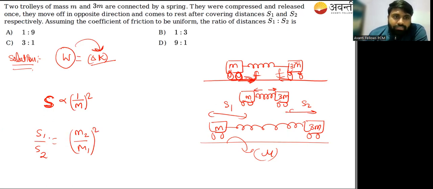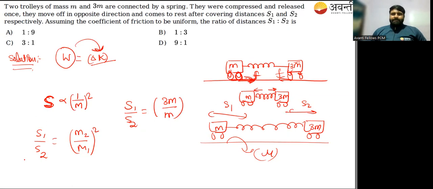If you consider S1 to be for mass M, then M2 will be 3M, and it will be 3M over M, the whole square.